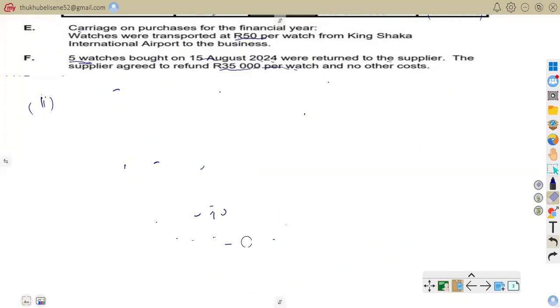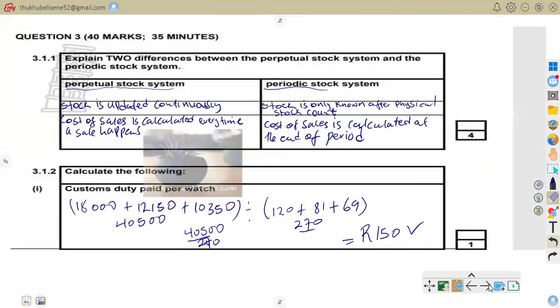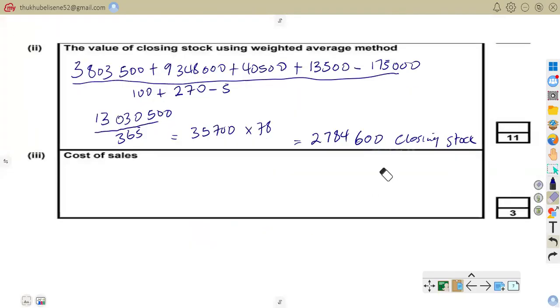So we are going to answer it straight from our answer book, because we have already calculated the figures. So let us quickly go to our answer book to calculate the cost of sales.